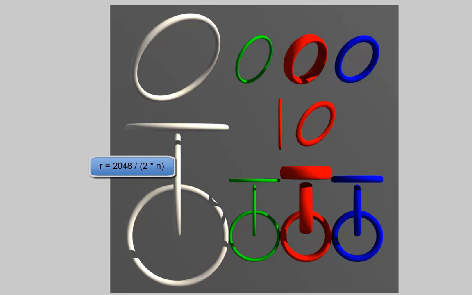The radius of the tube is 2048 divided by double of ratio. C is the radius multiplied by 2 and the result divided by 100. And looking from C, the radius is C times 100 divided by 2.